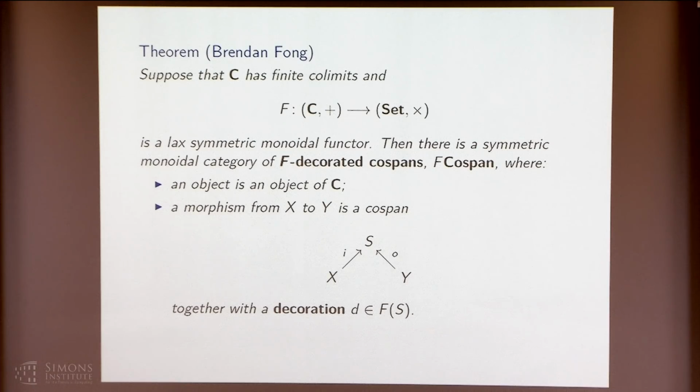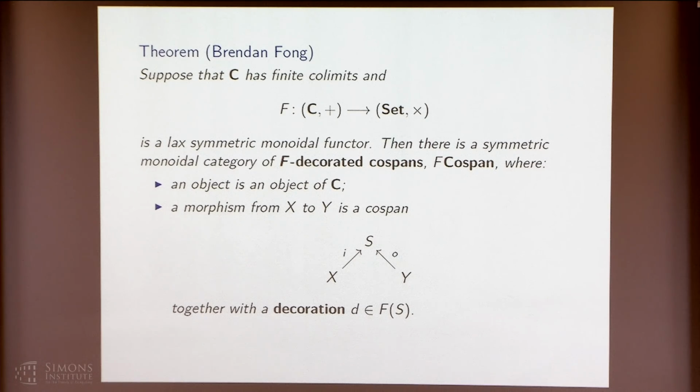So in general, the theorem then is this: if you have a category with finite colimits, so that you can do these pushouts, and you've got a lax symmetric monoidal functor, then you get a symmetric monoidal category of decorated cospans, or F decorated cospans, where the objects are the objects of your category C. The morphisms are going to be cospans decorated by an element of F of the apex.